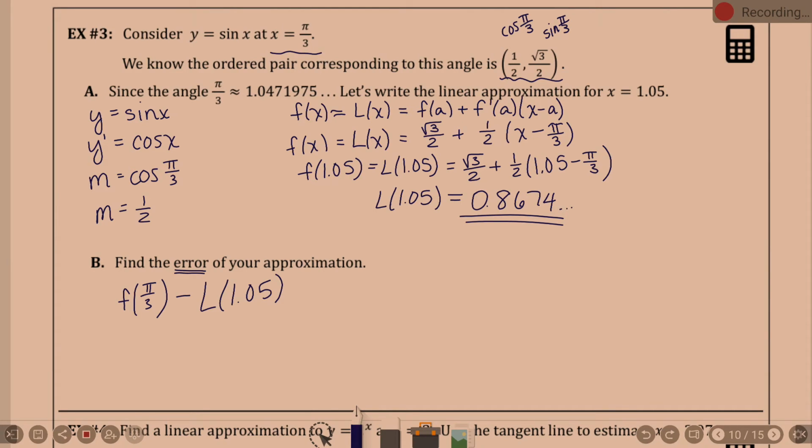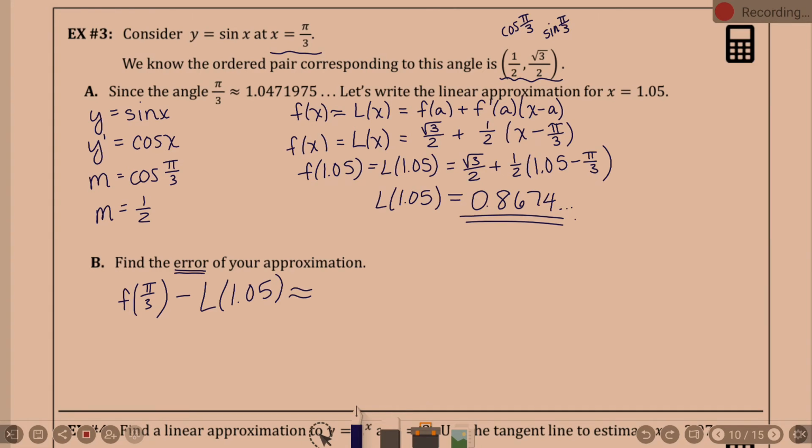That's all we have to do. Well, you have to do the math, but yeah. Now, if you've done this on the calculator, you have this 0.867 number in your calculator. Even if you've cleared it, you can still arrow back up to it.